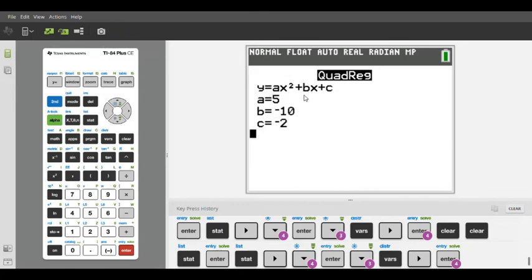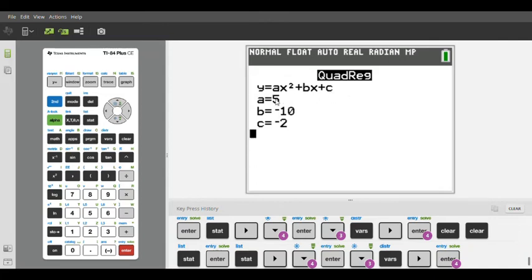Okay. Now, like I said, if they ask for it in vertex form, what you can do with that same property that we learned earlier in this lesson is the a's always stay the same. The b's and the c's will change, switching from your regular standard form to vertex form, but your a always stays the same.